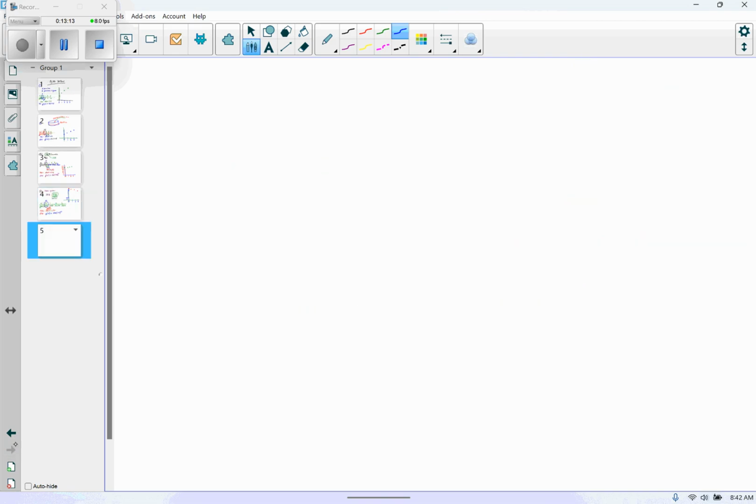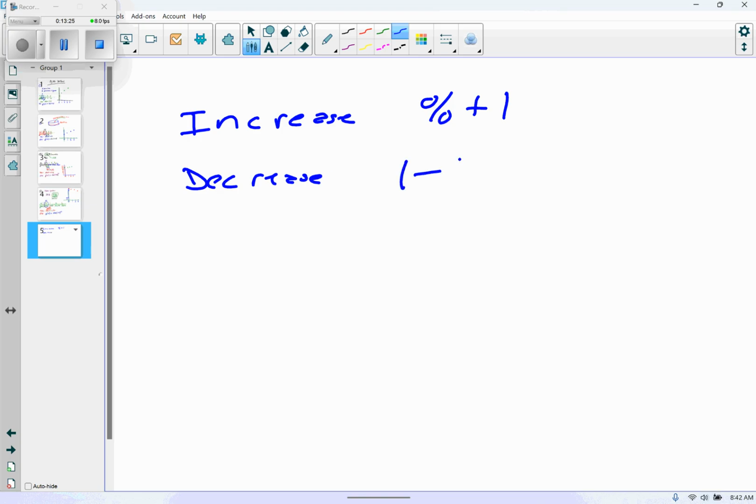So when we do an increase, it's going to be the percent plus 1. And if we do a decrease, it's going to be 1 minus the percent. Okay, make the percent a decimal. Okay, so when they are increasing, they're called exponential functions.